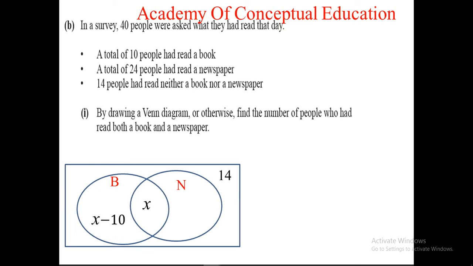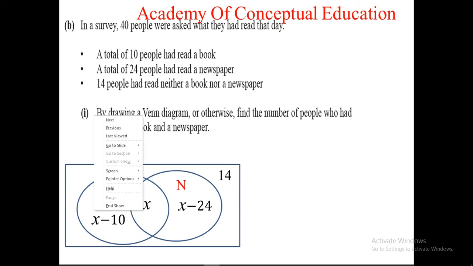Now 10 people had read a book. So we have to subtract the intersection portion, and we will write it as x minus 10 here. Similarly, 24 people had read a newspaper, so we write x minus 24.